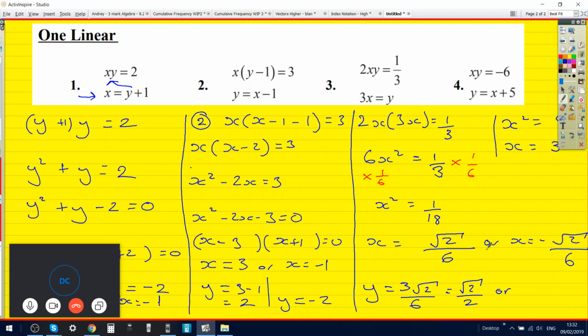So y equals the square root of 2 over 2 when x equals square root of 2 over 6.